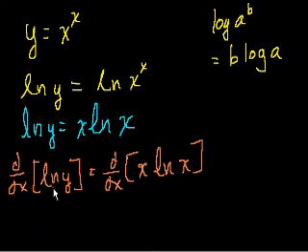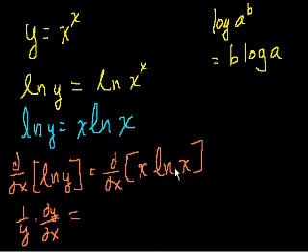So the derivative of this expression with respect to x is equal to the derivative of this expression with respect to y times the derivative of y with respect to x. So what's the derivative of this with respect to y? Well, it's 1 over y. 1 over y times the derivative, just the chain rule, times the derivative of y with respect to x, dy dx is equal to, and remember, just mechanically, if you want to make sure you're doing it right, you just take the derivative with respect to y and you multiply it times dy dx. That's just the chain rule.